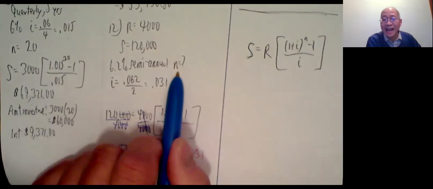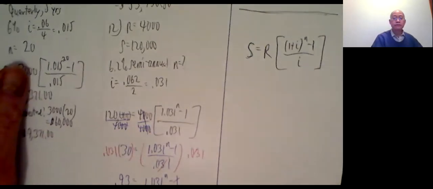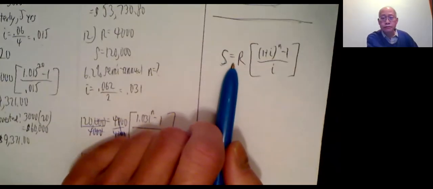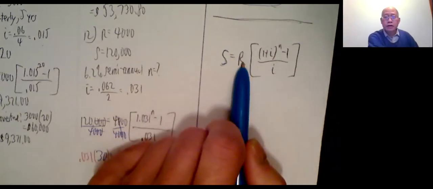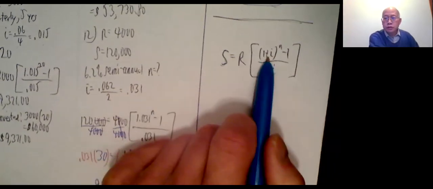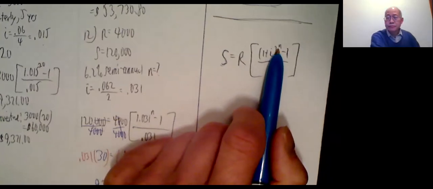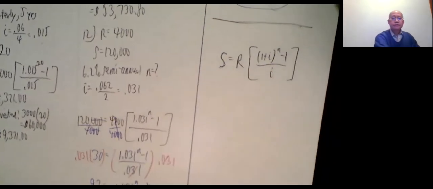And we're trying to find n this time in the formula. So 120,000 goes here, 4,000 goes here, 0.031 goes right there, and right there we're solving for n. That's different.